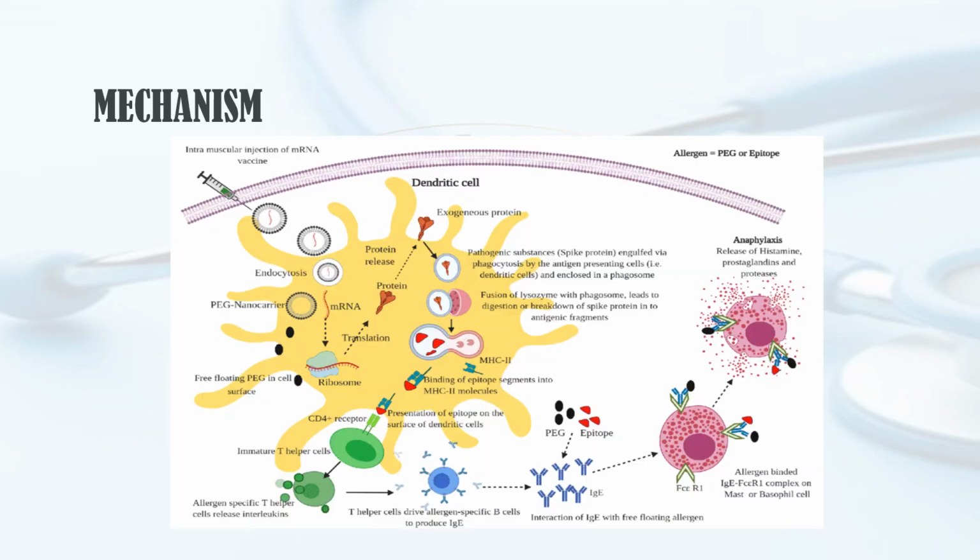The mechanism is very simple. What happens is the antigen combines with IgE bound to mast cells, basophils and possibly eosinophils. Now the mast cell binds with the IgE to the antigen, and this releases the inflammatory molecules.